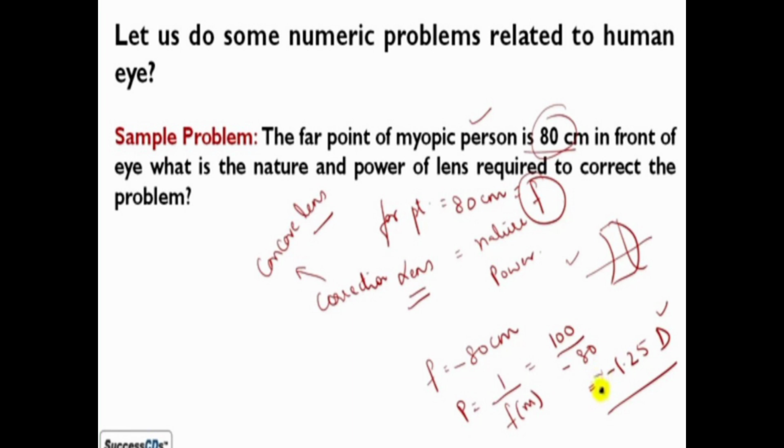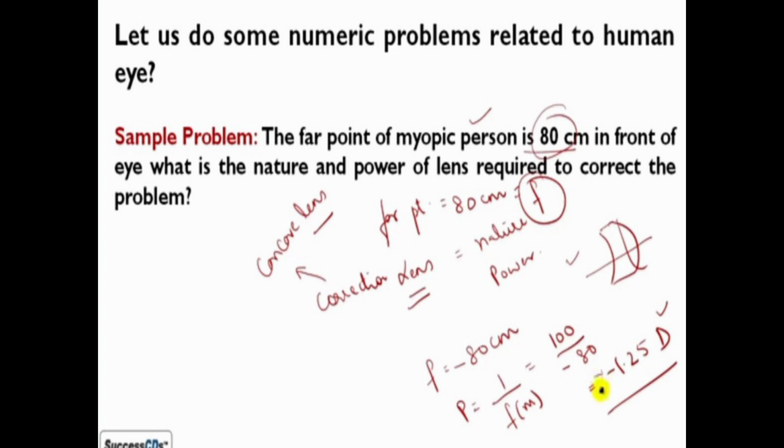Now, we have to find out the power of the lens. How will we calculate the power of the lens? Power is equal to 1 upon focal length in meter. Here we are given the focal length in centimeter, so we'll convert it into meter, that is, we'll divide it by 100.